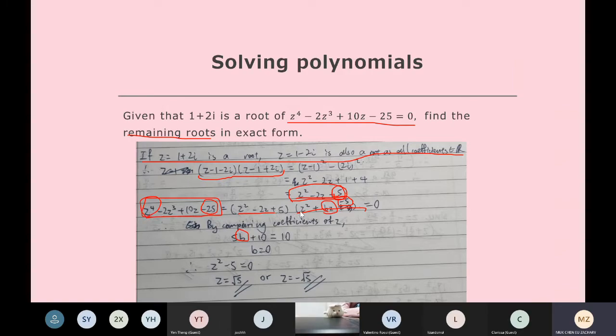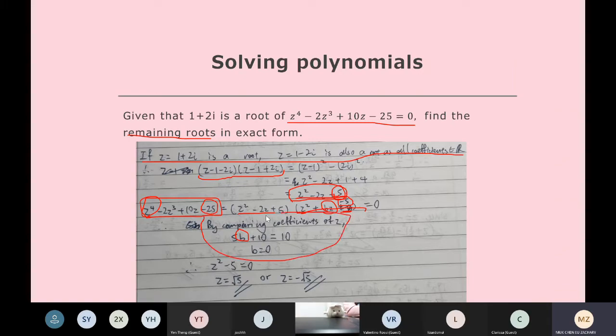So what we can deduce here is that the coefficient of z squared will both be 1 also. So basically, we've already excluded the need to solve for the coefficient of this and this from the unknown quadratic equation.